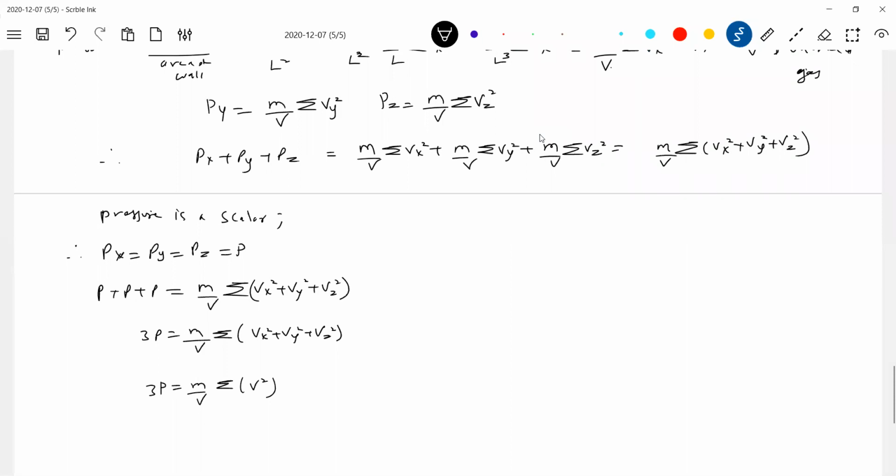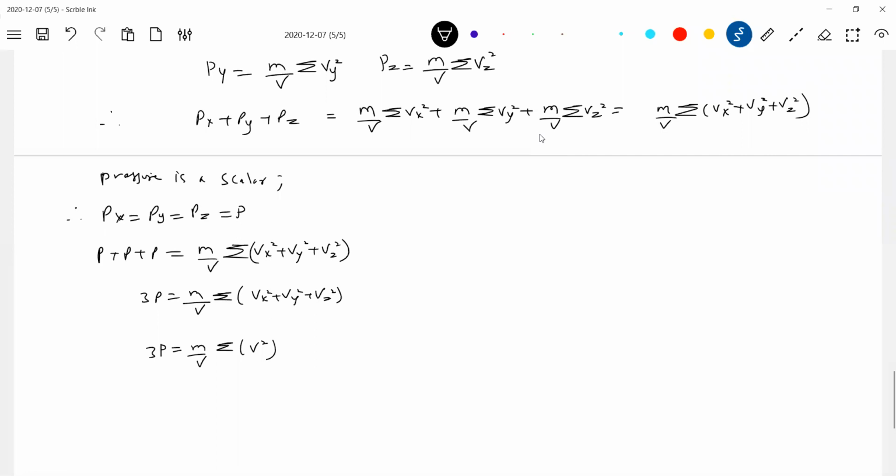Then what is this summation of v square? What should v square be equal to? In general, we can write it as v1 square plus v2 square plus v3 square and so on, by n. Can you remember this? This is the average, like this we can introduce here. So this particular quantity, what is the summation of v square by n?